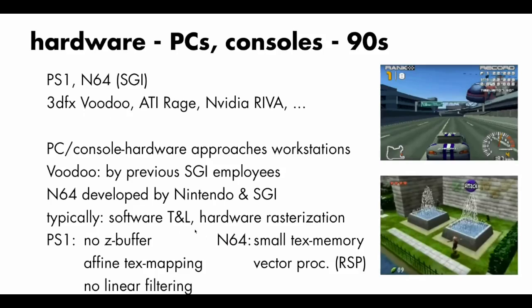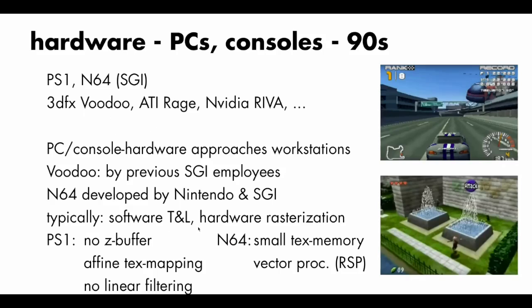It's very SGI-like, and the hardware actually does mostly software transform and lighting. So in some sense, maybe a step backwards. Like the geometry engine, for instance, in the 80s already could do transformation in hardware.